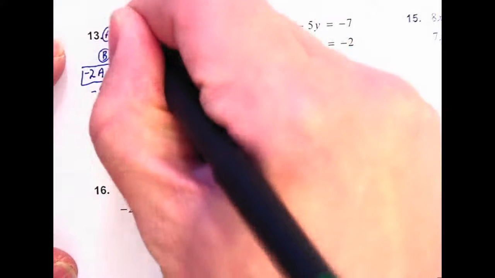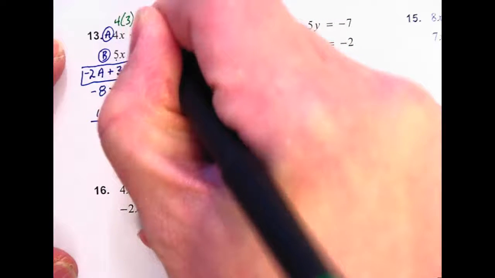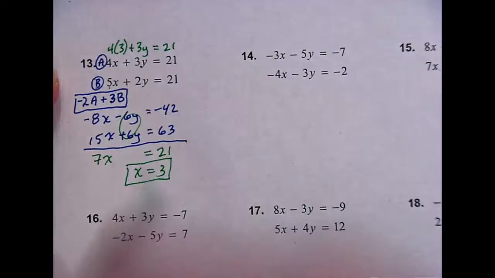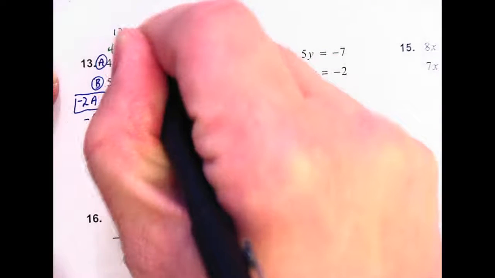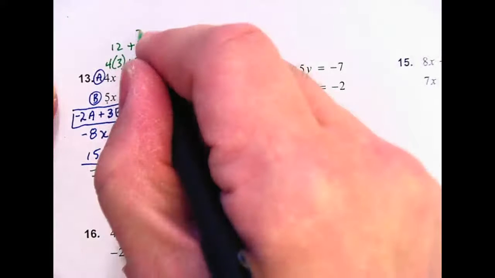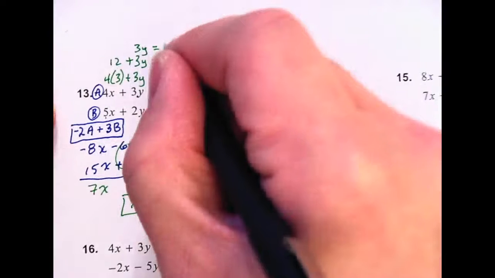So if I go 4 times 3 plus 3y equals 21. All right, that gives me 12 plus 3y equals 21. Subtract 12, I get 3y equals 9, and y is 3.